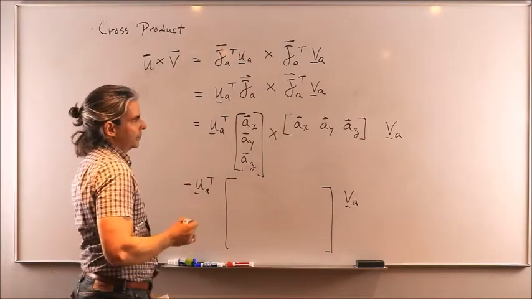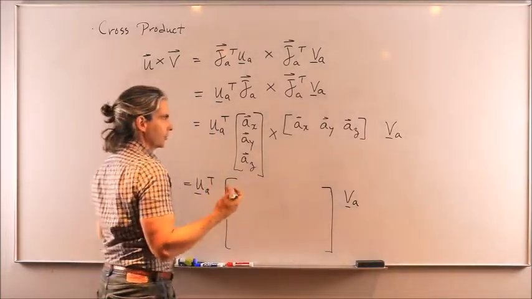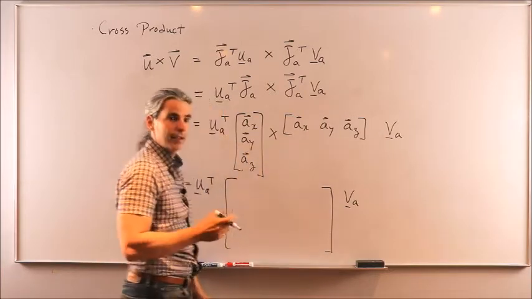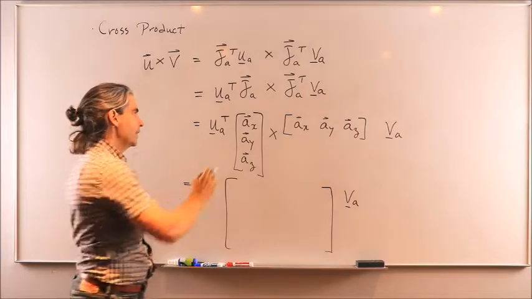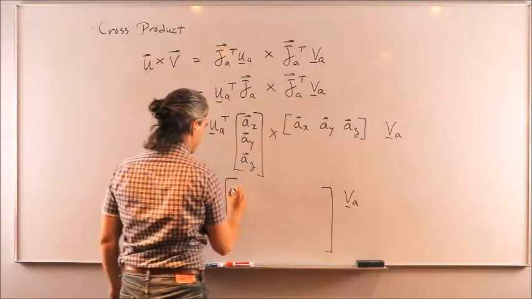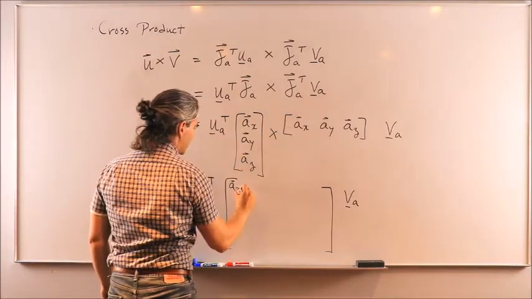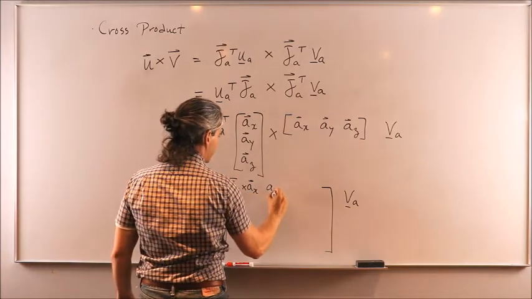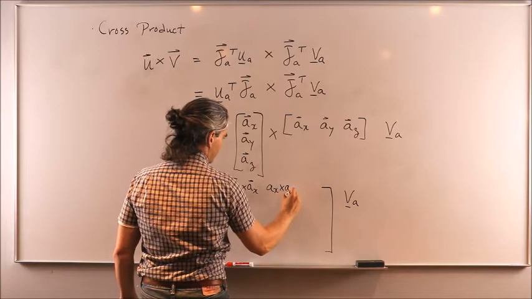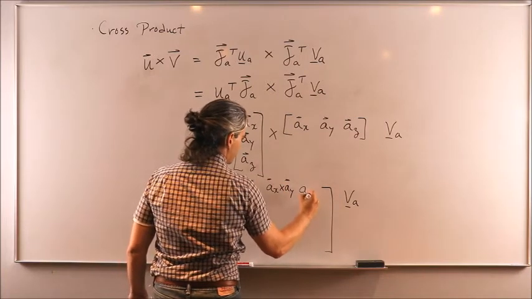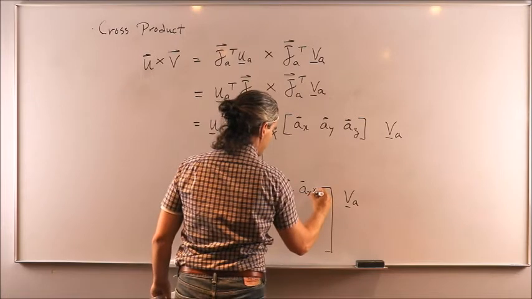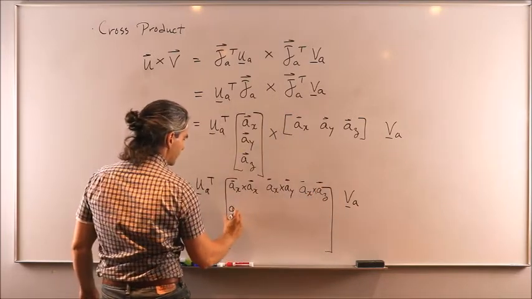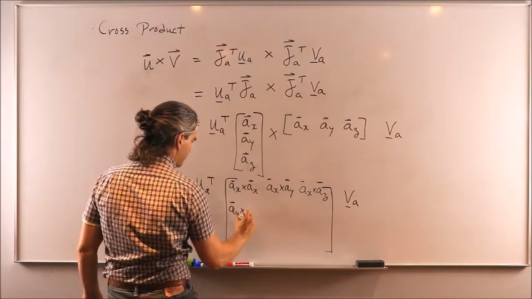Now this 3 by 3 is going to be filled with 9 entries as per usual, but this time, instead of having AX dot product with AX as we had previously, now we have AX cross product with AX, okay? So just for completeness, I'm going to fill this matrix with a bunch of cross products, and then we will evaluate each of them individually to figure out the 9 entries of this 3 by 3 matrix, okay?